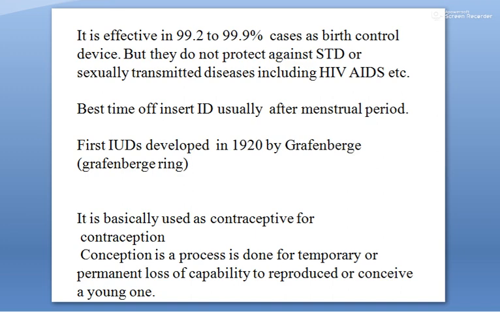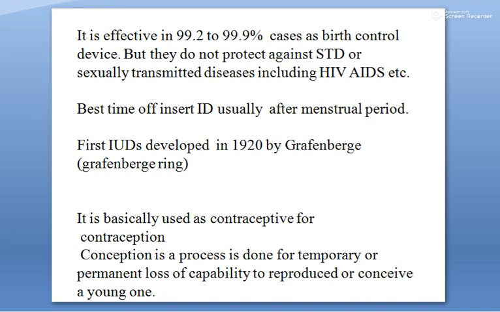It is a very popular device. Approximately 100 million women worldwide currently use IUDs as the method of choice for contraception. There are mainly two classes of medicated IUDs available: the copper-bearing IUD and the progesterone-releasing IUD. Because of its effectiveness, it is used worldwide.